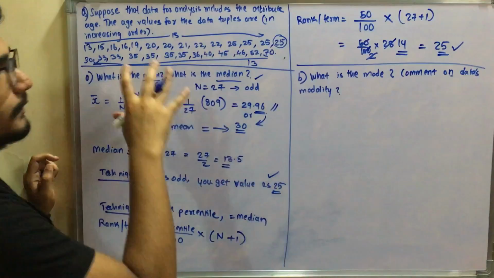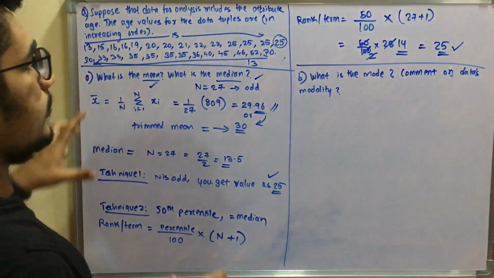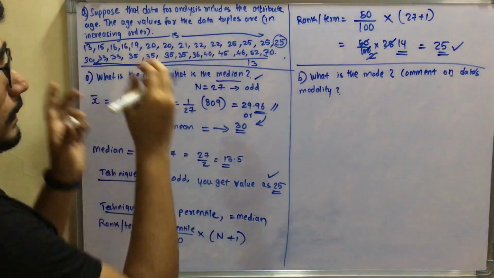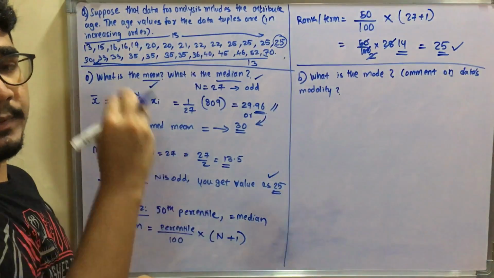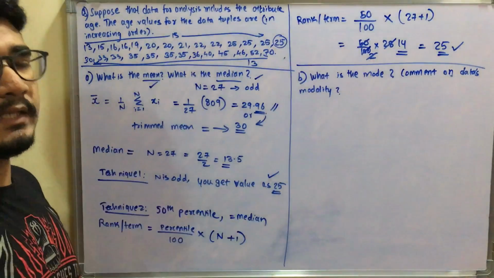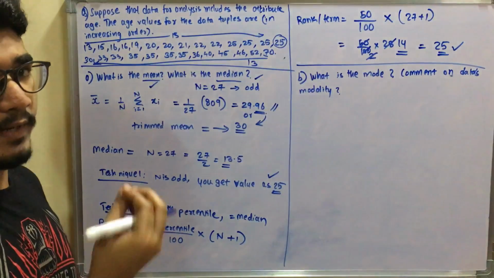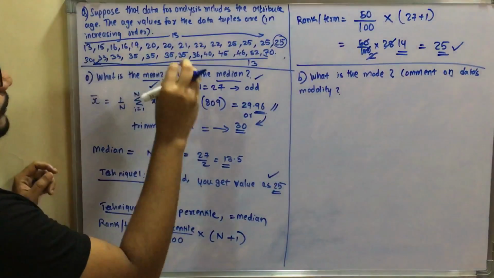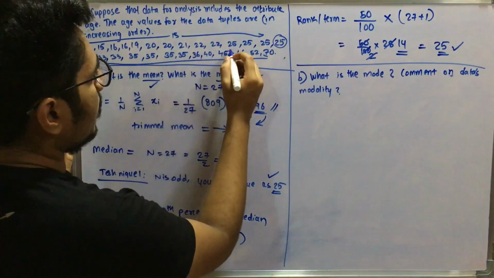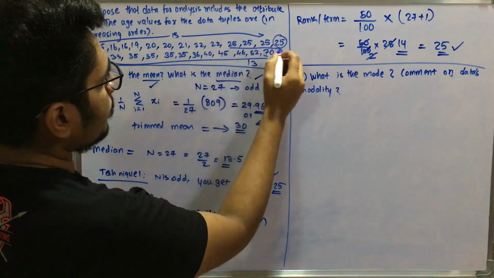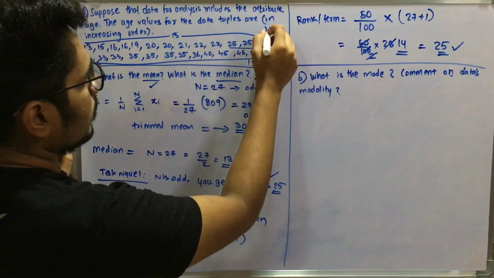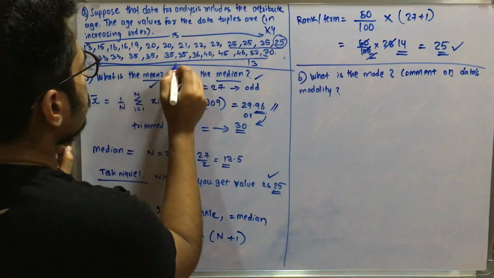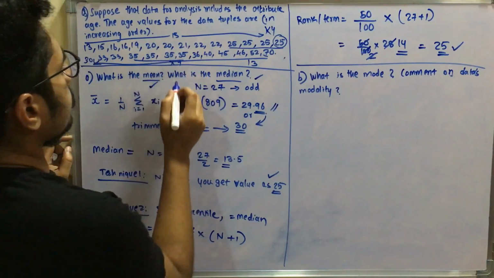For that we do an analysis or observation from the given ordered set. First of all you have to order this set. Always remember that you have to order the set in increasing order, else you will get the wrong answer in the calculation. So what is the mode? When you do the basic observation, you can see that the value 25 is occurring 4 times, and the value 35 is also occurring 4 times.